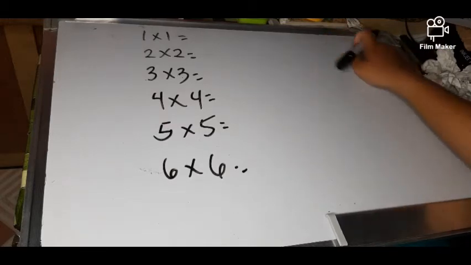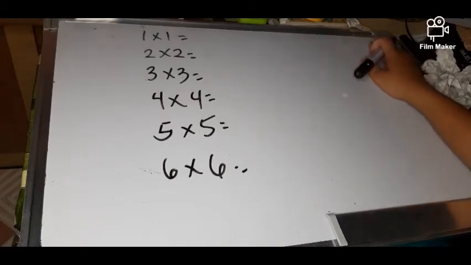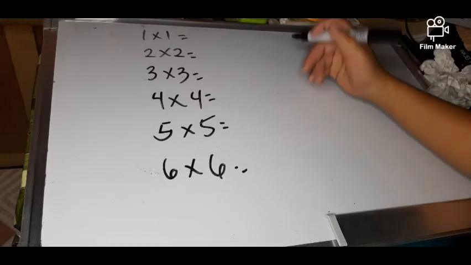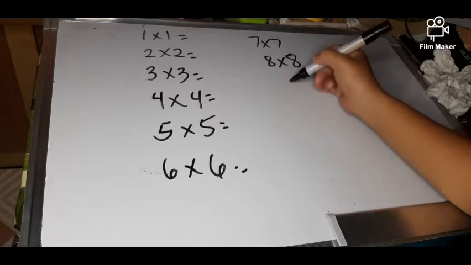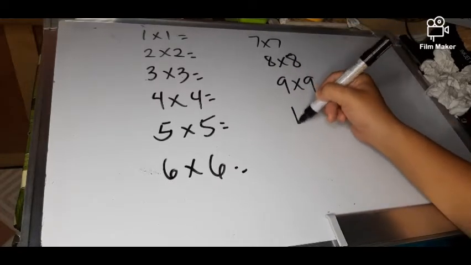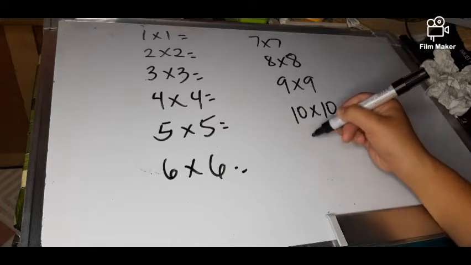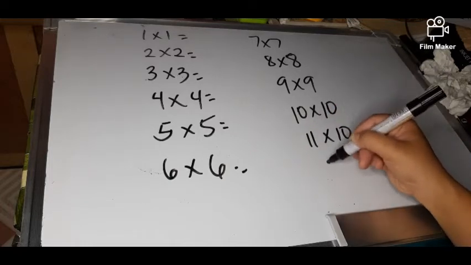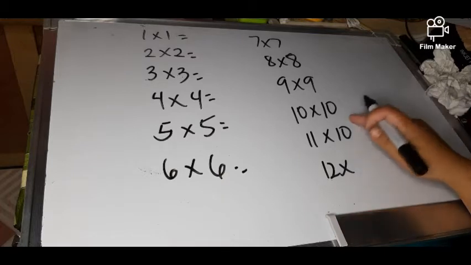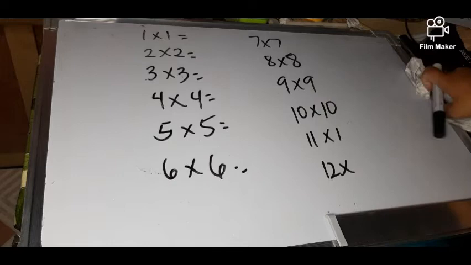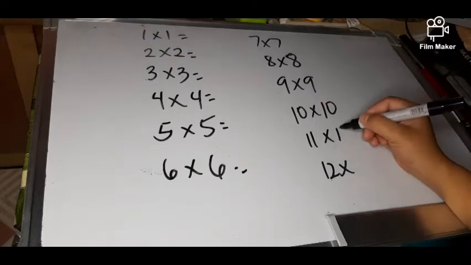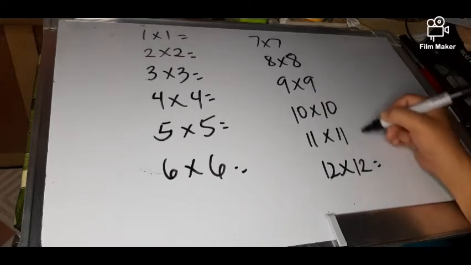Tsaka, mas mainam din para memorize natin, and then hindi tayo matagalan mag-compute. 7 times 7, 8 times 8, 9 times 9, 10 times 10, 11 times 11. Ito po ay sariling technique ni Teacher Maripa. Tignan natin kung mas maiintindihan ninyo.